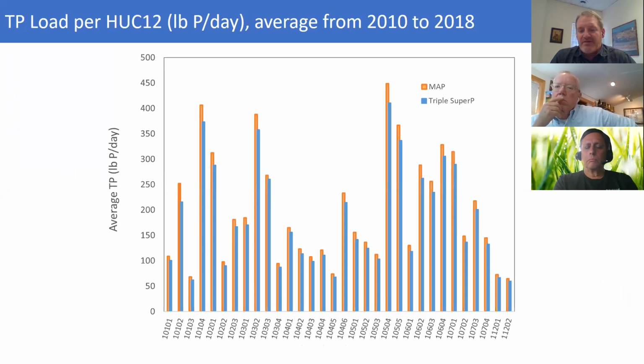But that was just a scenario that we had Arturo run so we could see what potential differences there might be between those two sources of fertilizer, MAP and TSP. So that's a response to Harold and Jan.